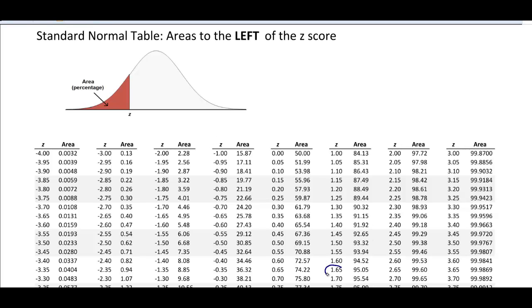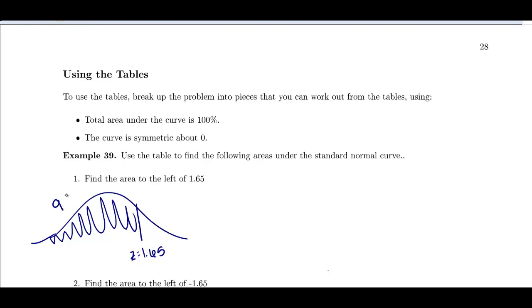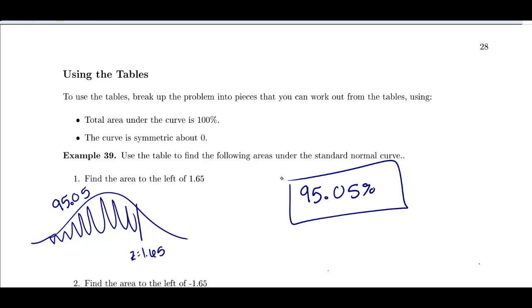Here's z equals 1.65. And remember, my normal table only gives me areas to the left, and that's what I wanted. So the area to the left is 95.05%. My final answer is that there's 95.05% area to the left of z equals 1.65.